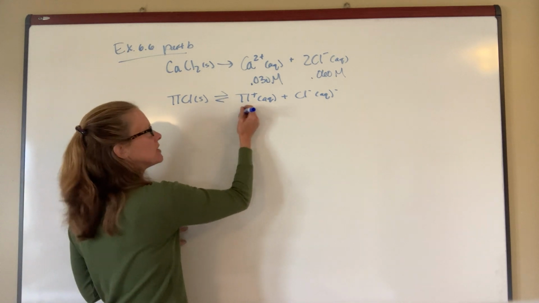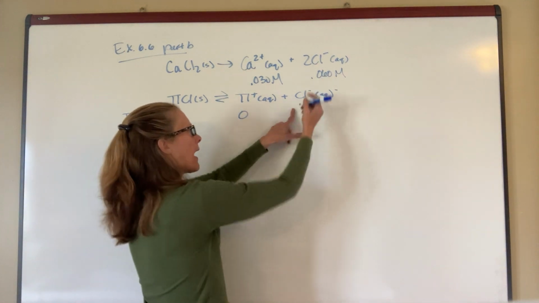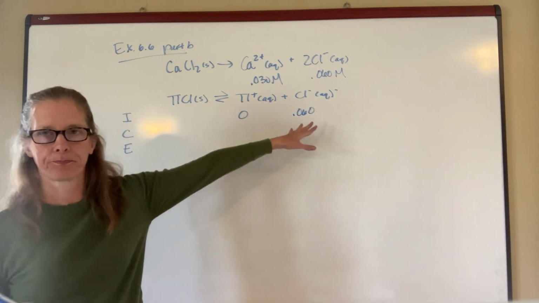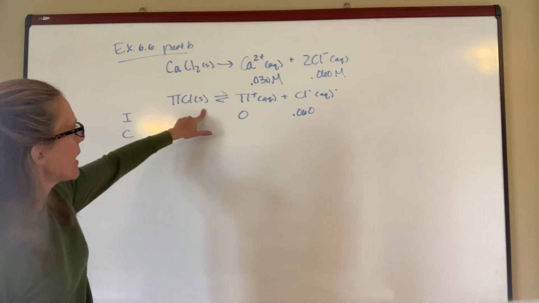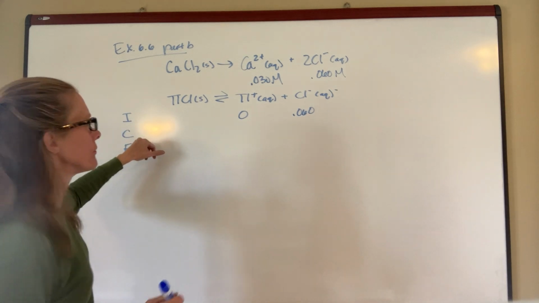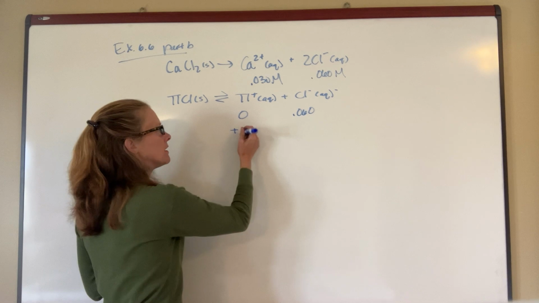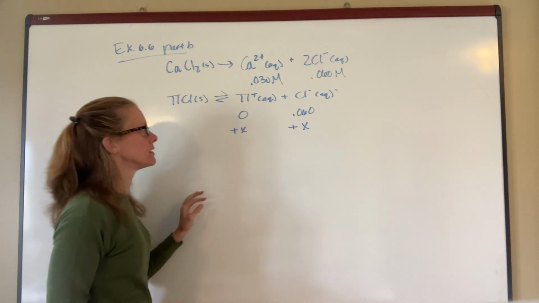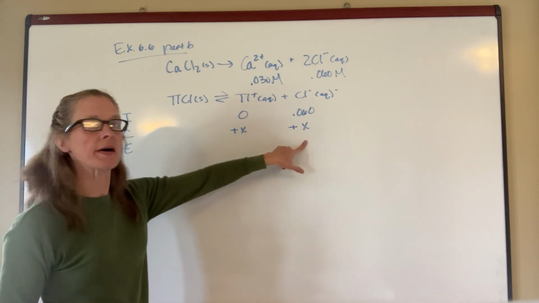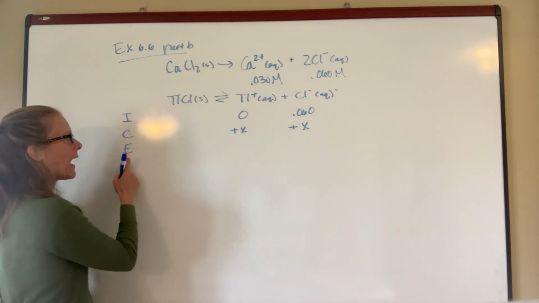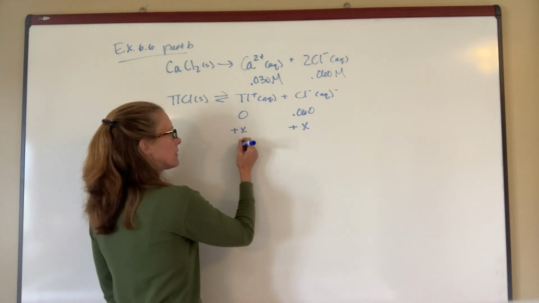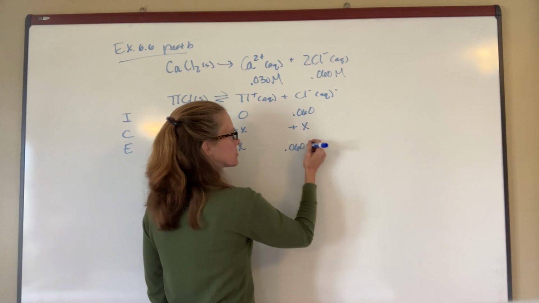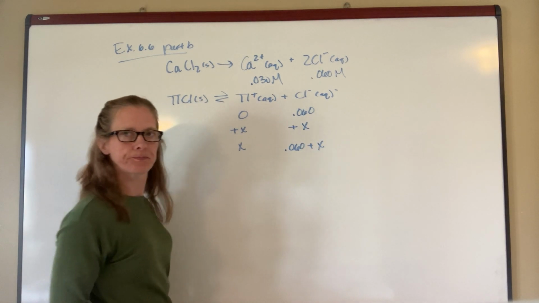Well, initially I don't have any thallium, but I do have 0.060 molar chloride ions in solution. Okay. Once the thallium chloride starts to dissolve, I'm going to add X thallium ions and I'm going to add X chloride ions. Okay. Coefficients are 1, so now I just have single X's down here. So at equilibrium, my thallium concentration is X and my chloride is 0.060 plus X.